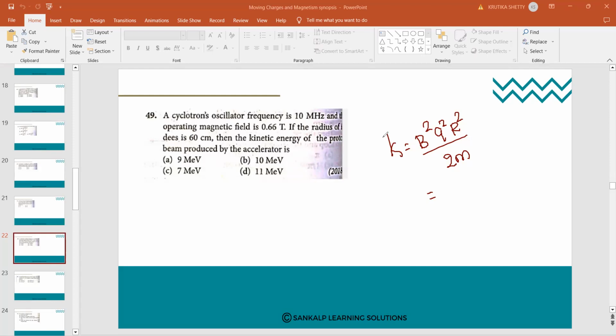But first you simplify and tell me in terms of joules what is the answer. B is 0.66 whole square. Q is 1.6 into 10 raised to minus 19 whole square. R is 0.6 whole square divided by 2 into M, which is 1.67 into 10 raised to minus 27.